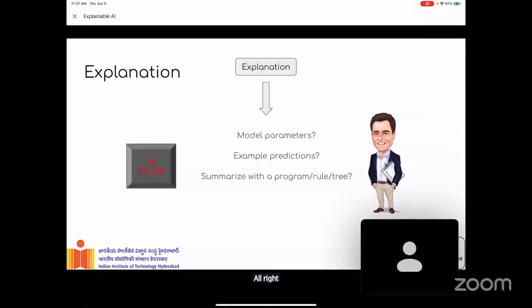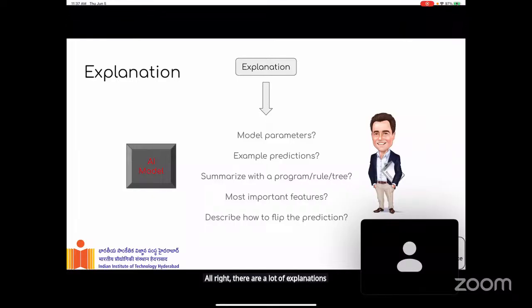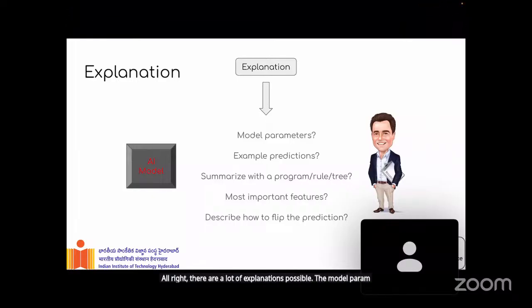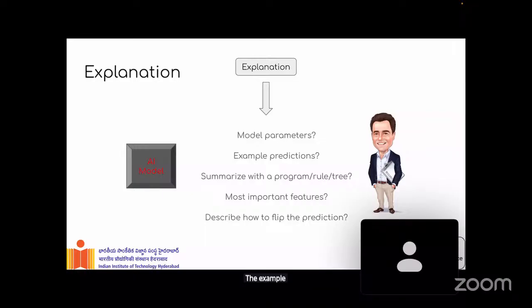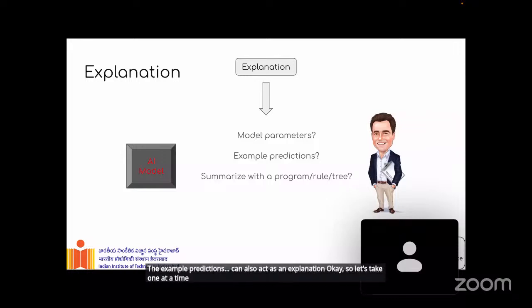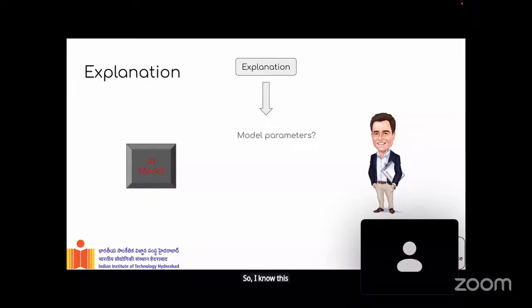All right, there are a lot of explanations possible. The model parameters themselves can act as an explanation. The example predictions can also act as an explanation. So let's take one at a time. I know this may be a little boring, but I want you to do this exercise with me. Can somebody identify a model whose parameters themselves can act as an explanation?